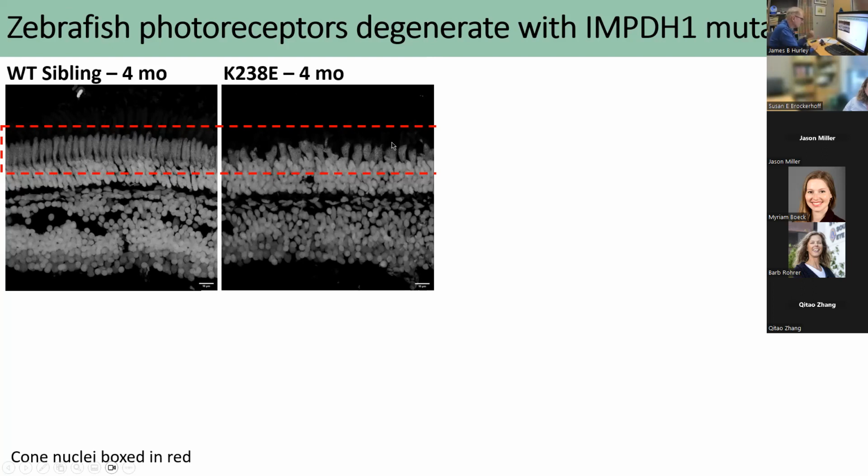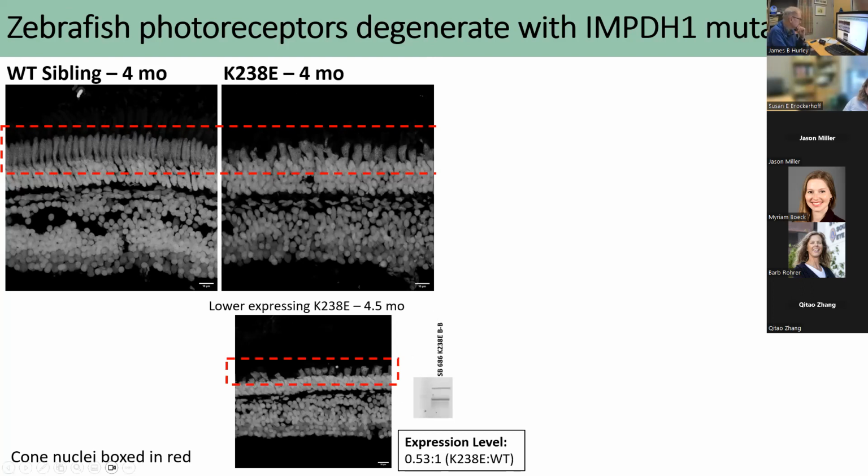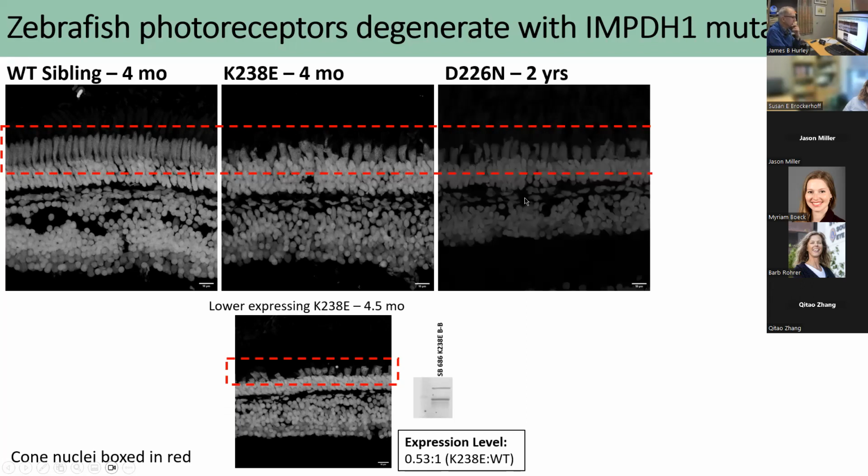I was, again, concerned about the expression level of IMPDH, so I grabbed a fish with really low expression. This is about 0.53 to 1 mutant to wild type. And again, I see very severe degeneration. It doesn't seem to be the level of transgene expression causing this phenotype. D226N, on the other hand, degenerates much later.